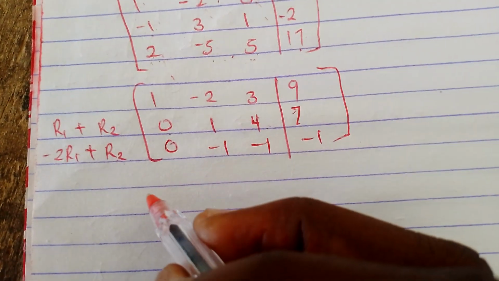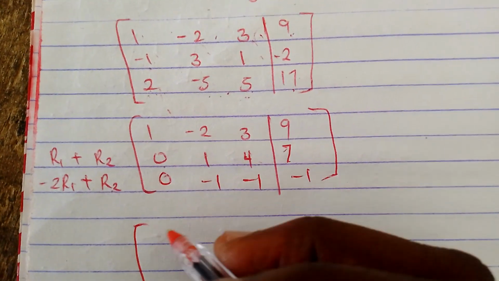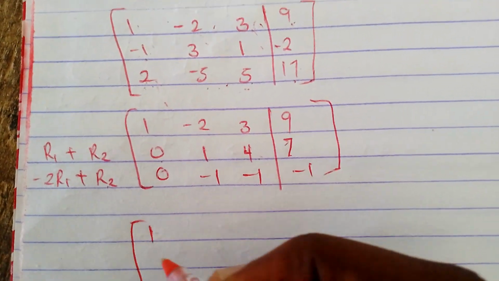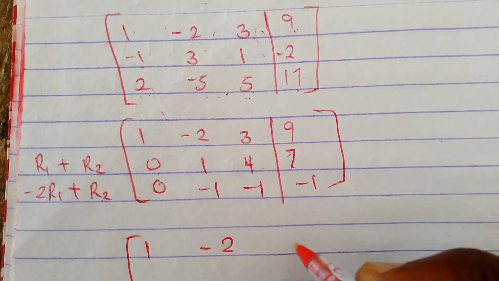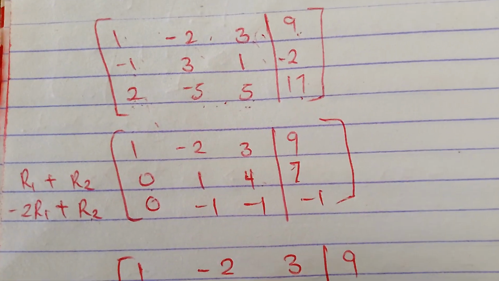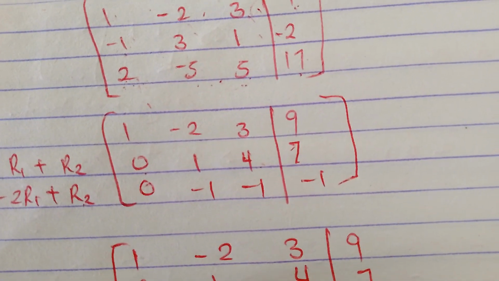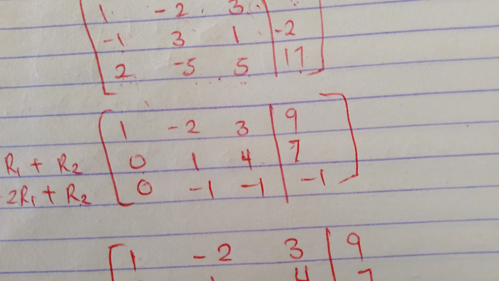We want to apply another operation on these two to reduce one of them to 0 now. So we have this, so we won't do anything to this. Now we just want this one to also be 0. So what do we do?